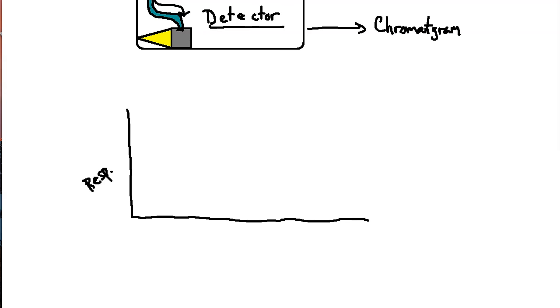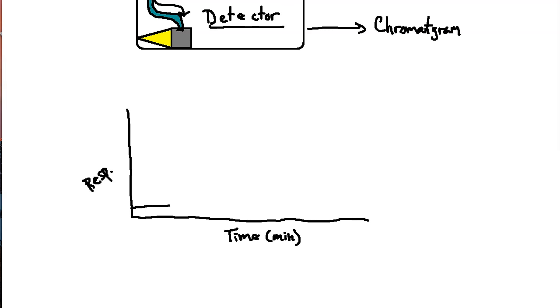Usually it's just called abundance or detector response or something of that nature. And then on the x-axis, you're going to see the time. This is typically in minutes. It could be in a different unit depending on how you set it up, but it's almost always seen in minutes. And so you have your baseline.